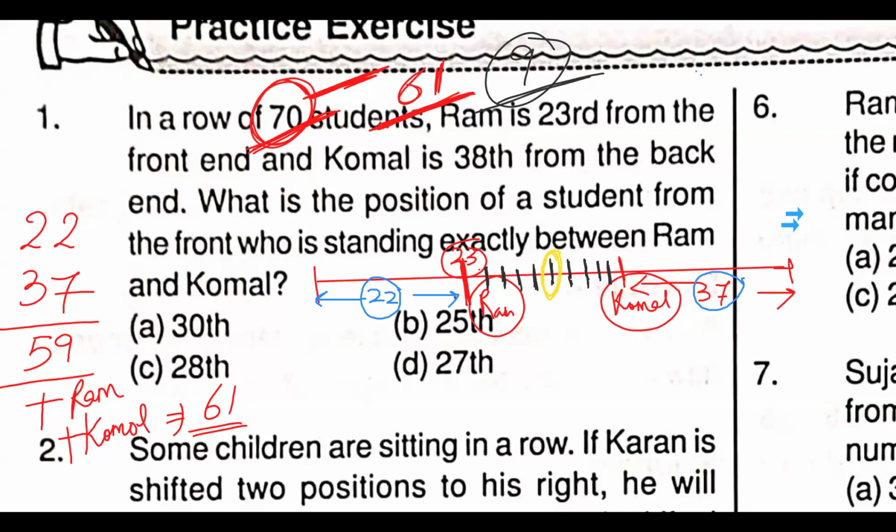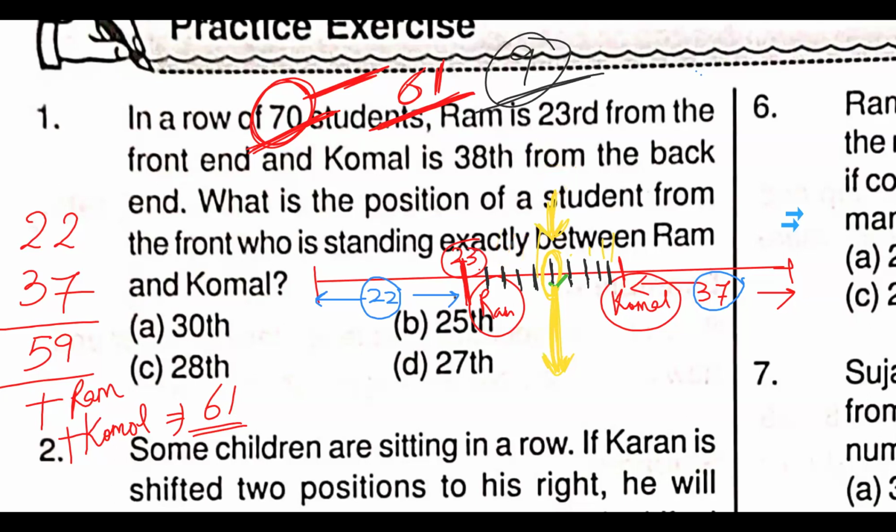That means after 4 places, the fifth, because 9 does not have a half. So if we count from the left, 1, 2, 3, 4, this is fifth, and 1, 2, 3, 4, this is fifth. Like this is the exact middle position, the person who is sitting exactly between Ram and Komal.